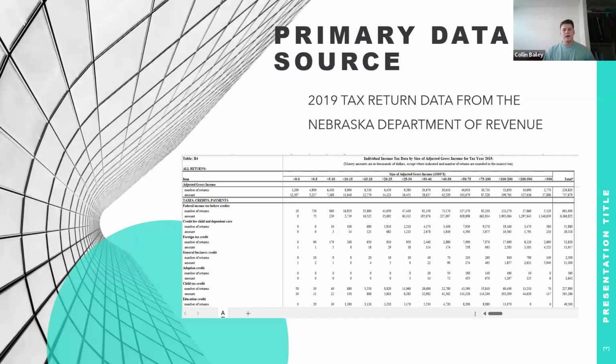Okay, talking about the primary data source really quickly, I was able to find tax return data from the Nebraska Department of Revenue that basically walks you through all of the federal tax returns that have been filed through the state of Nebraska. So we can look at income, deductions, tax due, credits, pretty much anything you could find on a Form 1040.